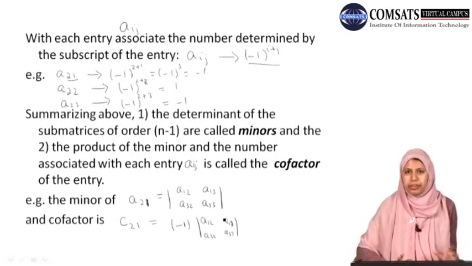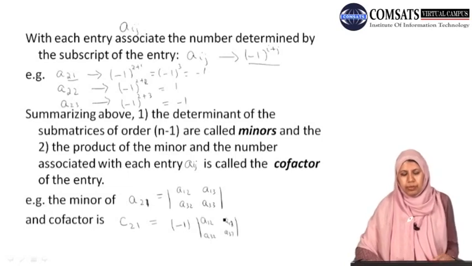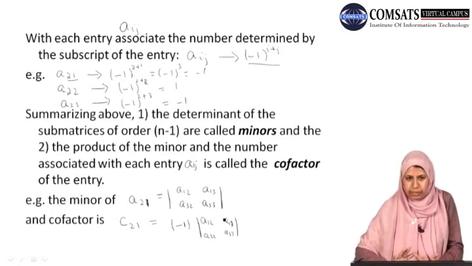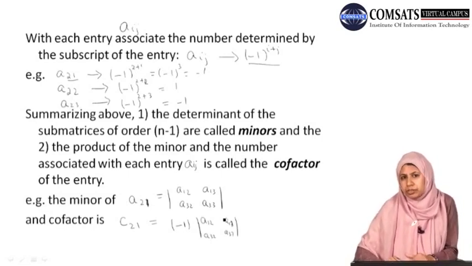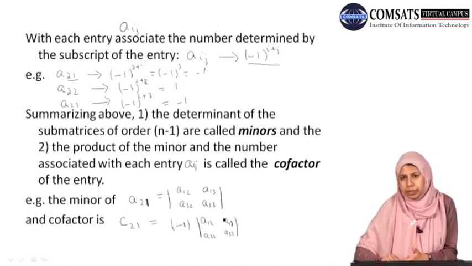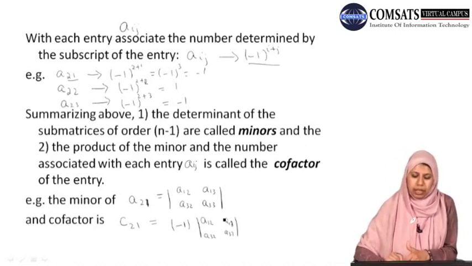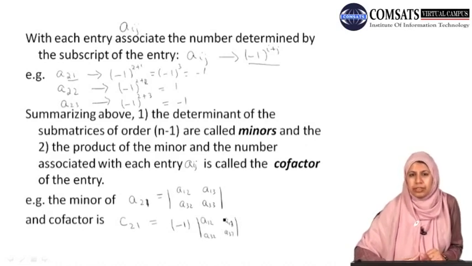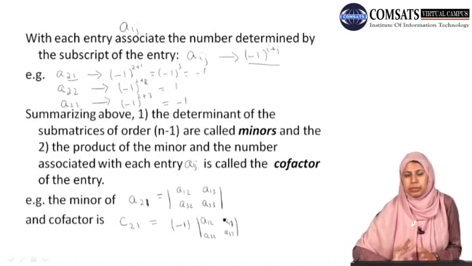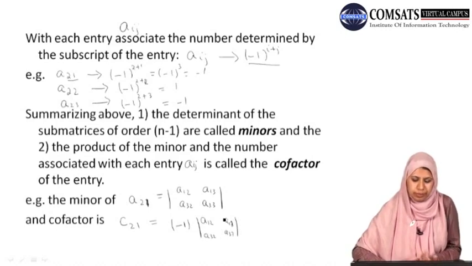So we were given a matrix of order 3 by 3, and what we have done so far, we have selected 3 entries. With respect to these 3 entries, we have associated a submatrix of order 2 by 2, and we have calculated the determinant. The determinant of the submatrix is called the minor, and with each entry we have associated the number with respect to the formula -1 to the power i plus j, and the number is either -1 or 1.